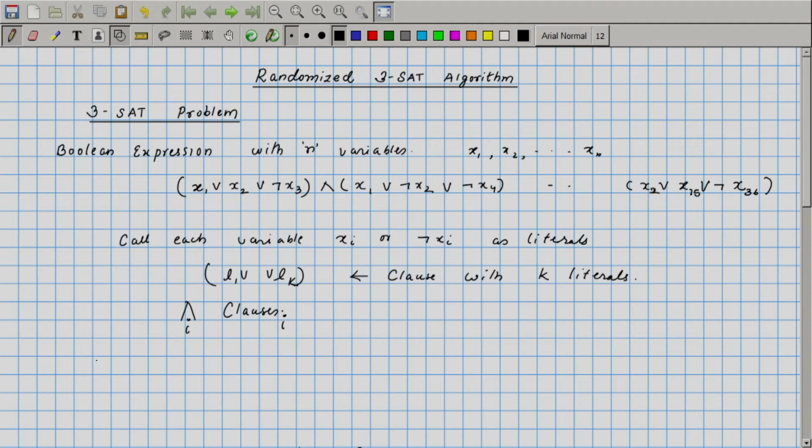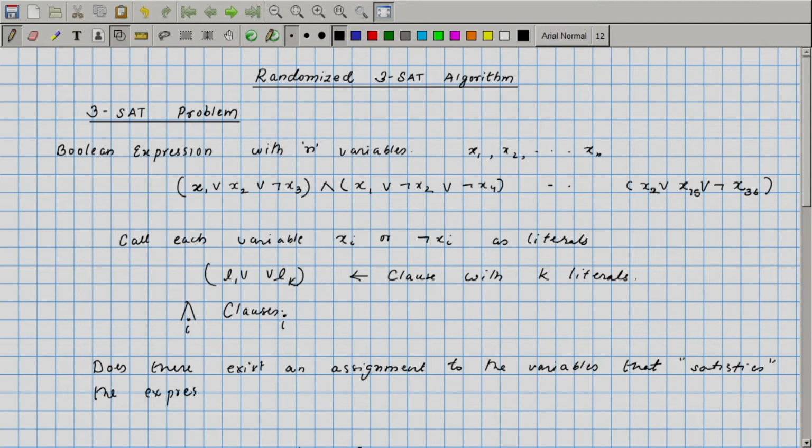Now, the question is, does there exist a Boolean assignment to the variables that satisfies the expression?